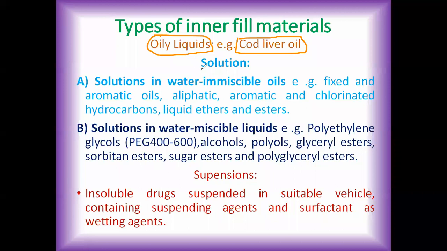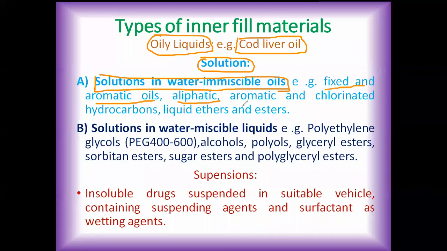Then from the solution categories, we have two types of solutions which go in as inner fill material. The first one includes solutions in water immiscible oils, and here the examples are fixed and aromatic oils, aliphatic, aromatic, and chlorinated hydrocarbons, liquid ethers, and esters.